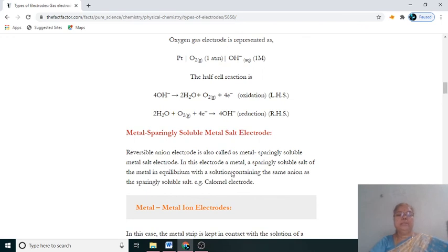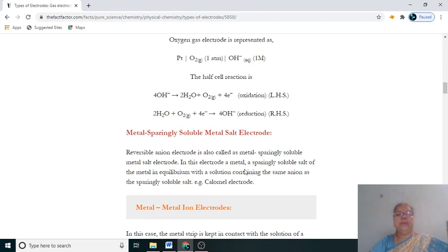Then the next point is the metal insoluble salt electrode, that is the calomel electrode, and I have explained in detail the construction of the calomel electrode. The metal insoluble salt electrode is a reversible anion electrode, also called a metal sparingly soluble salt electrode.